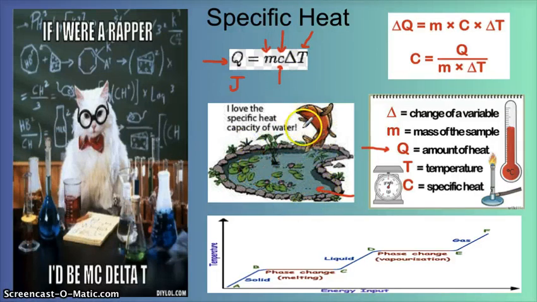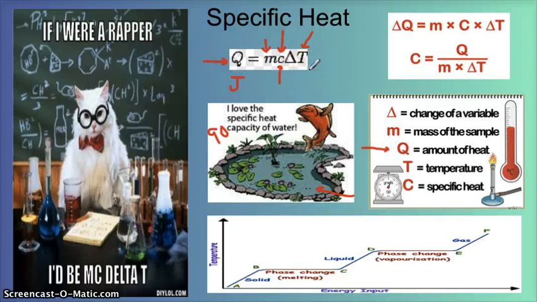That's why this fish loves the specific heat capacity of water, because it could be 90 degrees outside in the air, but it'll take a long time for the water to actually get to 90 degrees. So this is the specific heat formula, and it's more on principle than it is actual numbers in there.